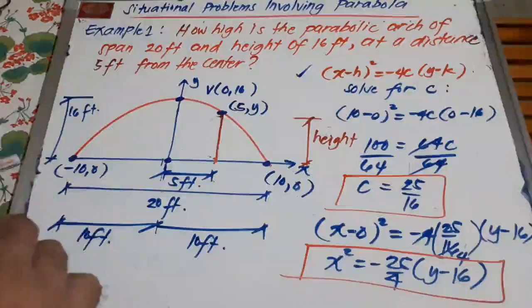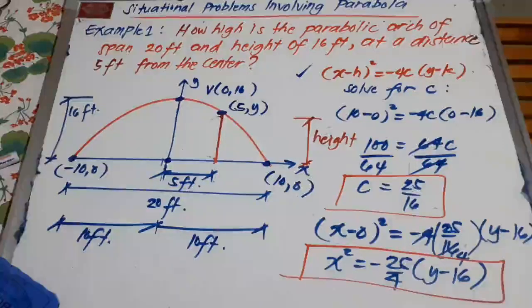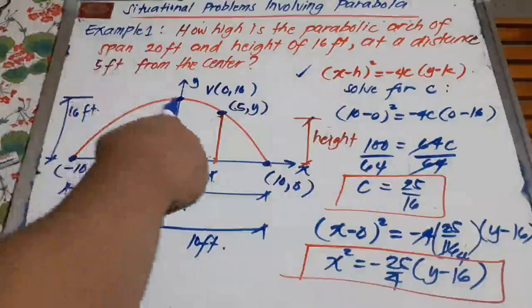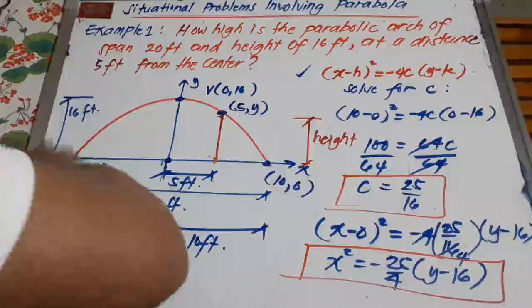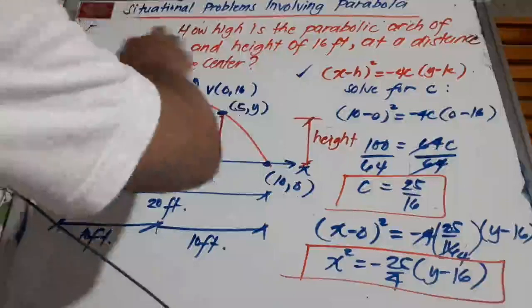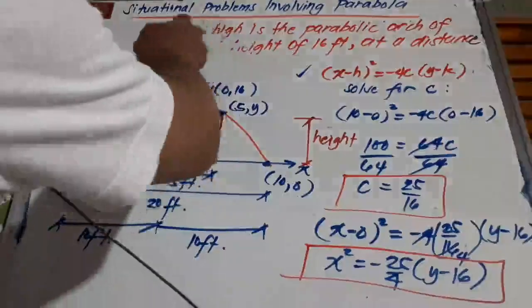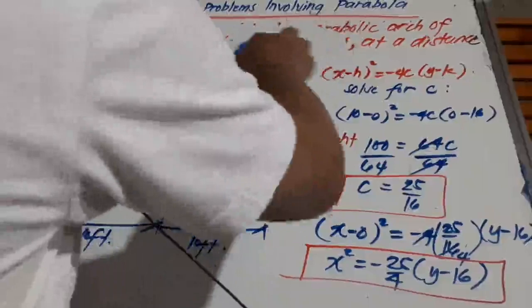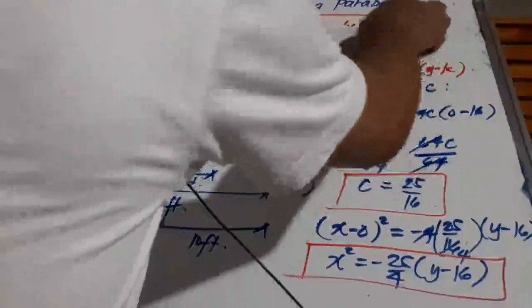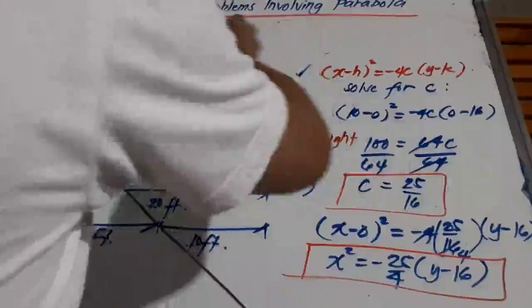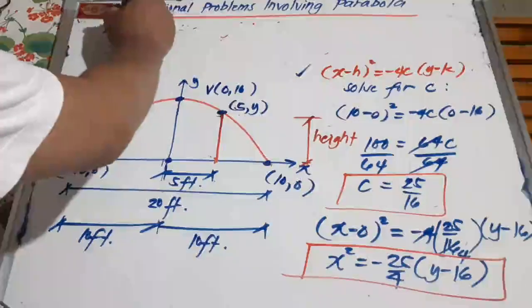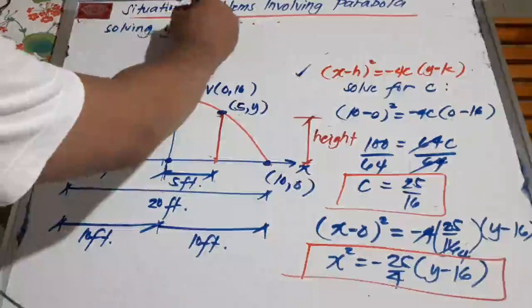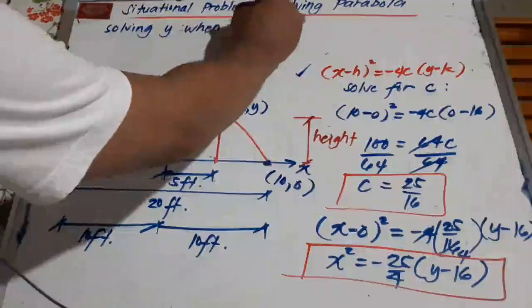And the last step is we solve for the height of the parabolic arch 5 feet from the center. How? By substituting the value of x here to our equation. Parang solving y when x equals 5 feet.